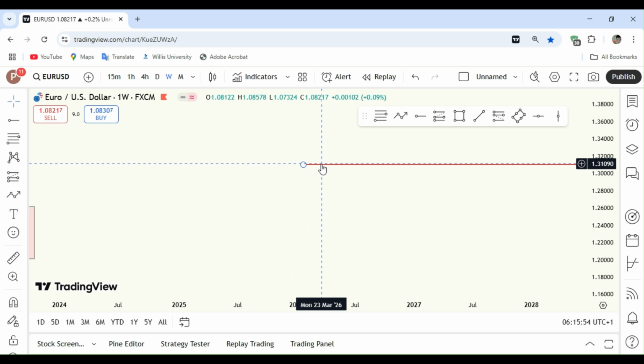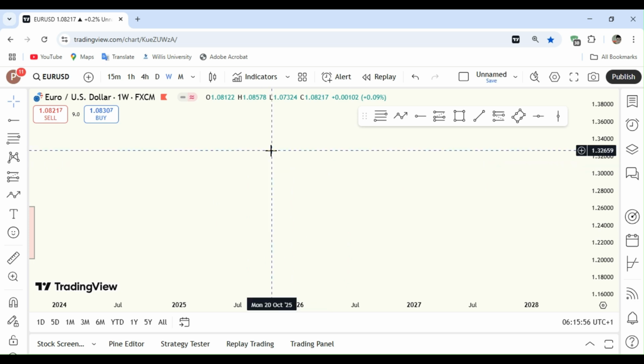I'm pretty sure you know how to read your market structure for a bullish trend or a bearish trend. Now, that being said, this can also happen on a candlestick basis.